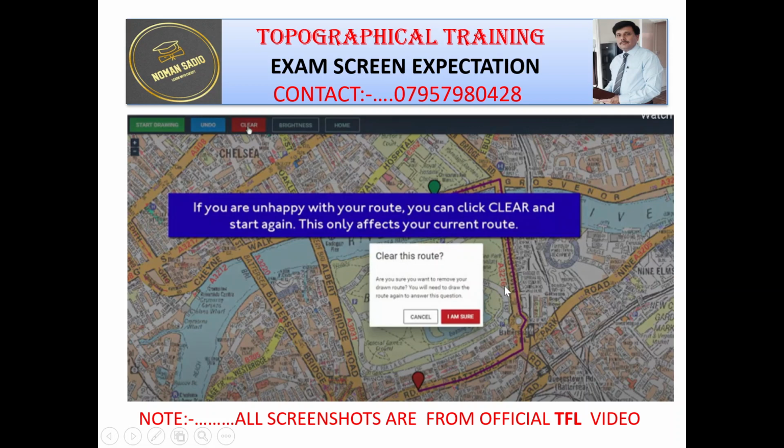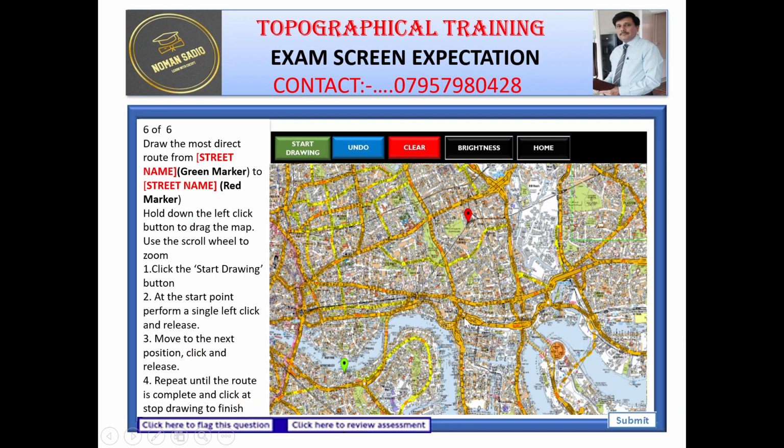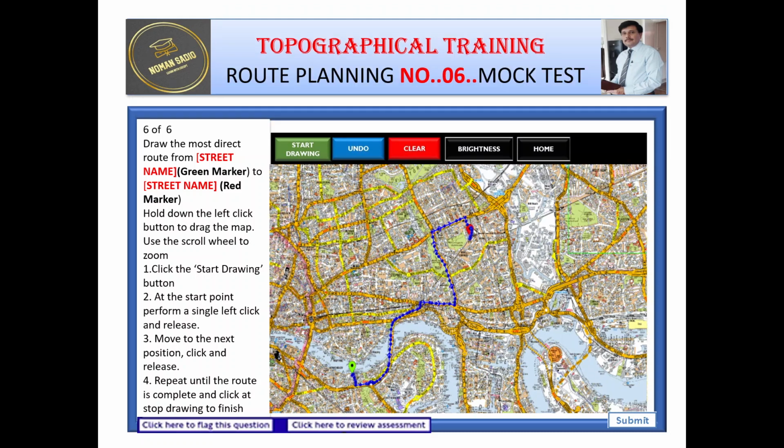That is actually the confirmation. If you press this, I am sure, then it will be deleted. So now I am pressing this. Now the whole route has been deleted. But actually I don't want to delete it. So here is my previous screen.